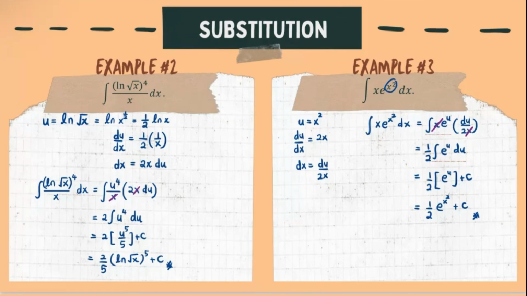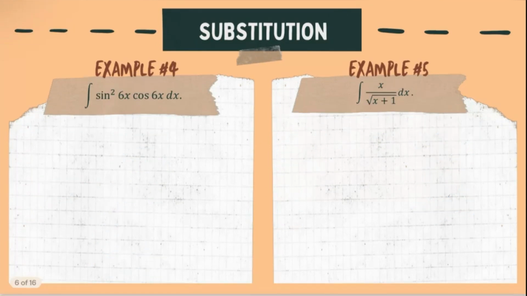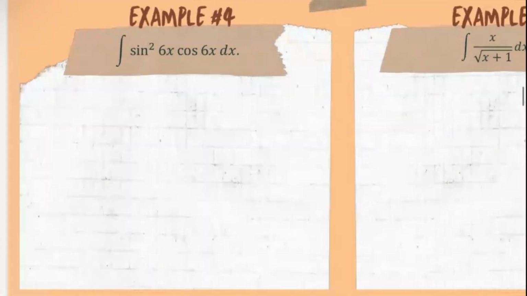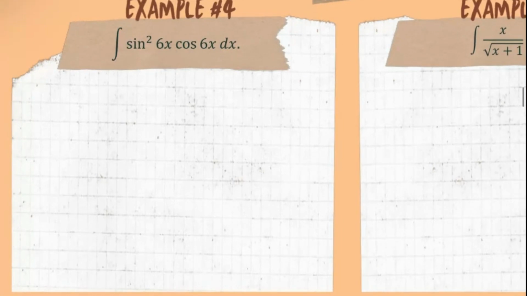So saya ubah kepada soalan yang seterusnya. Example 4 boleh? Kali ni kita tengok trigo pula. So this time, let's look at this trigonometric function. So dia under kategori substitution kan? So kenapa kita gunakan substitution? Because we can see that kita ada sin squared 6x dan kita ada cos of 6x.